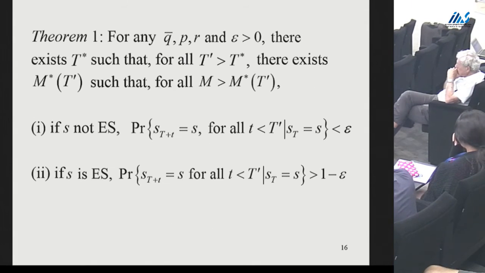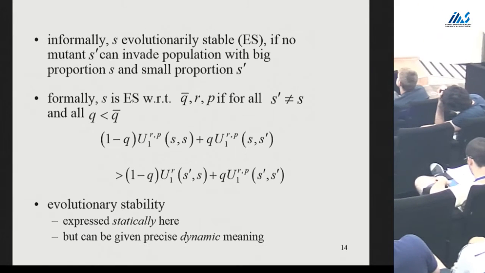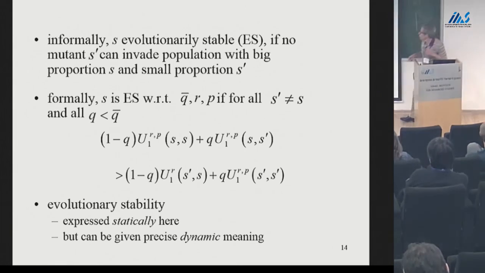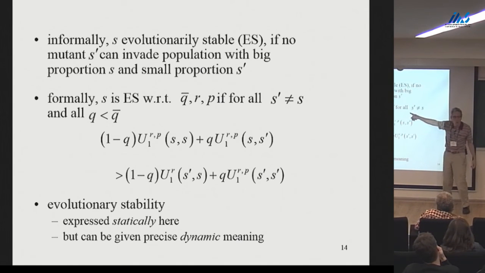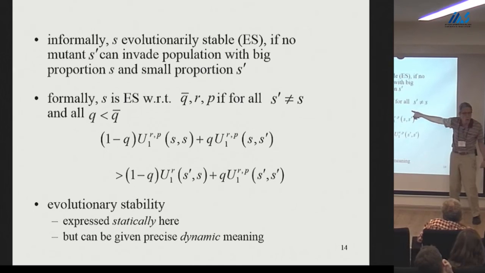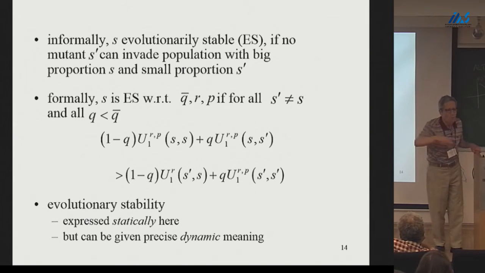Let me go back to the definition of evolutionary stability. This inequality has to hold for all S prime, for all finitely complex repeated game strategies.